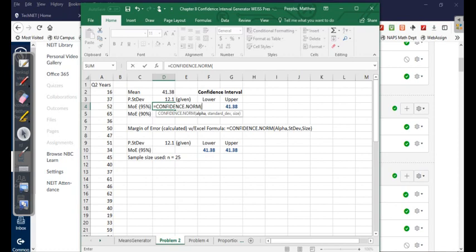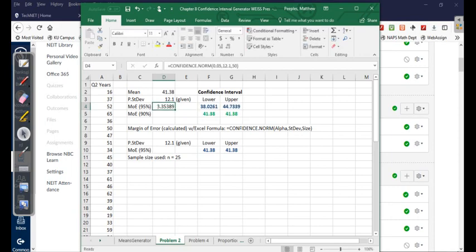Now, if we say it's a 95% confidence level, remember, that means our alpha level is 5%, and we enter that as a decimal, 0.05. Our standard deviation, well, that's given to us, 12.1. Notice that we don't have to enter the mean, the actual mean that we got from our sample, to get this confidence level, right? We're getting our margin of error. But we do enter the sample size, and in this case, the sample size is 50.